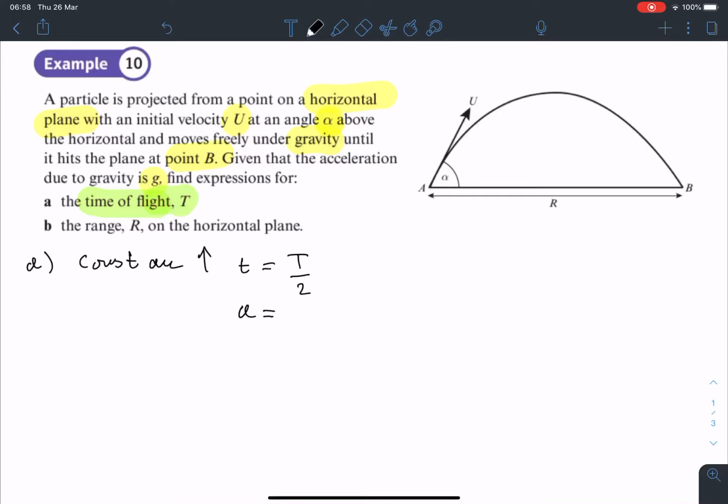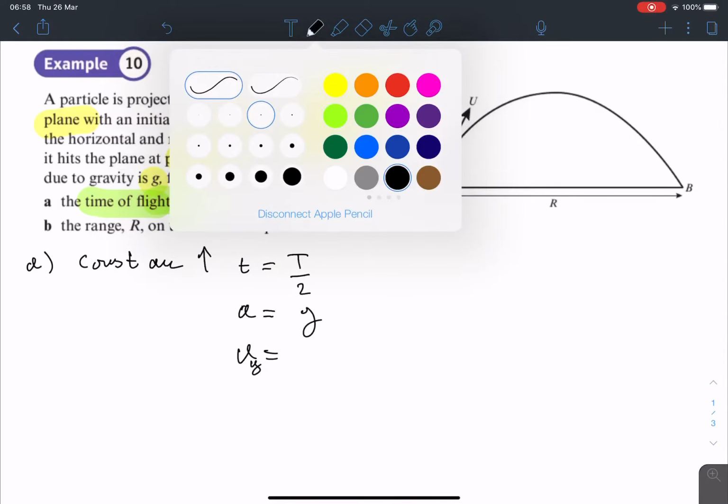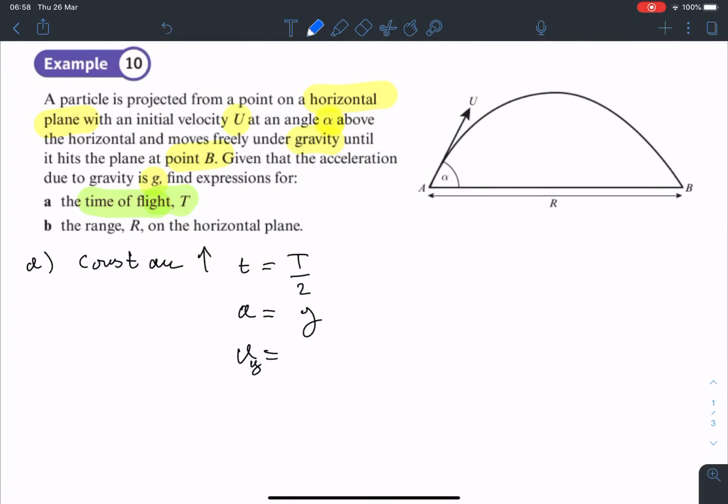A is equal to g, u. We want the vertical component, so we can put a suffix on there, y, to the highest point. So we get a vertical component, which is u opposite the angle, sine alpha.